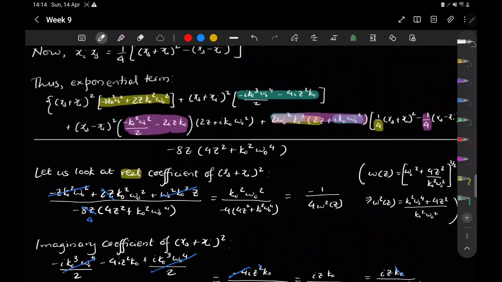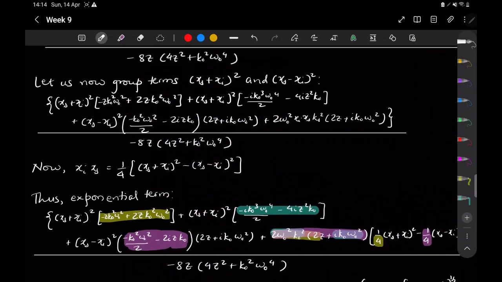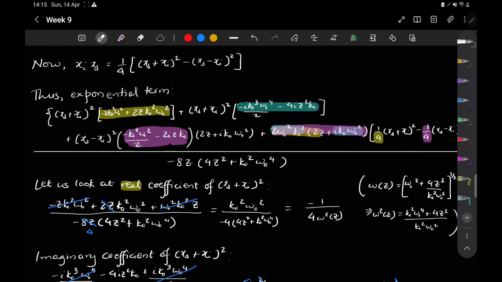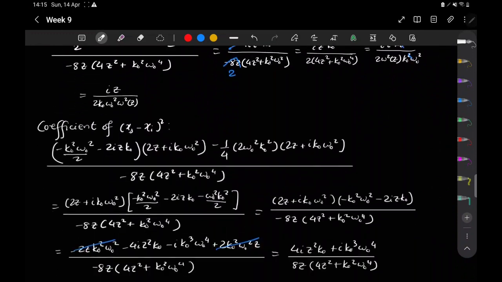So we have simplified this exponential term by looking at the real and imaginary coefficients of xs plus xi squared, and then the entire term xs minus xi squared.